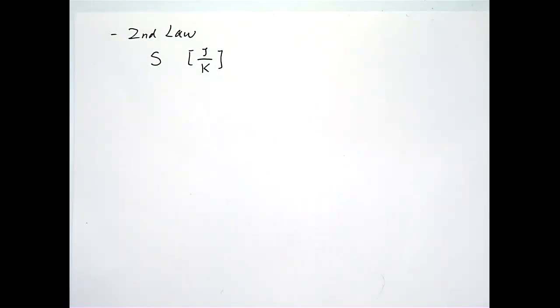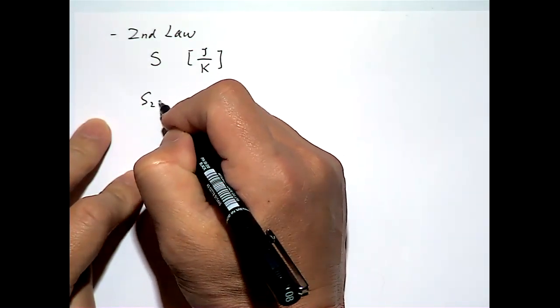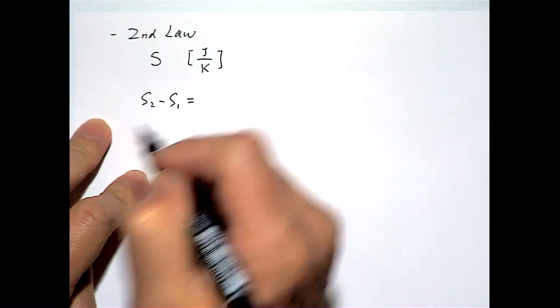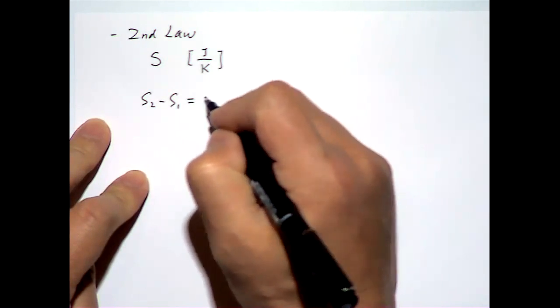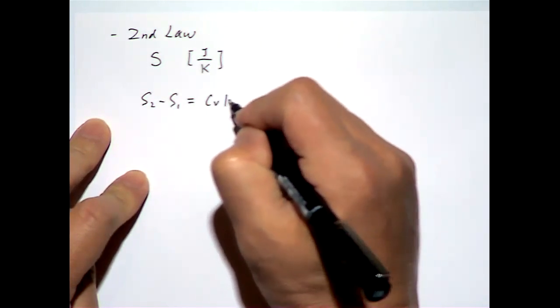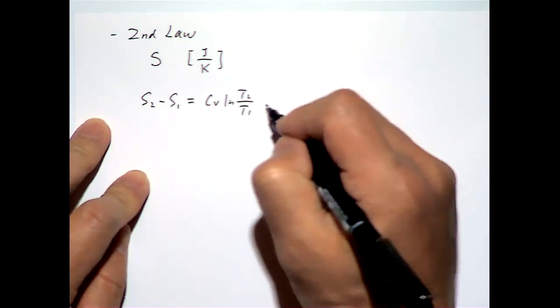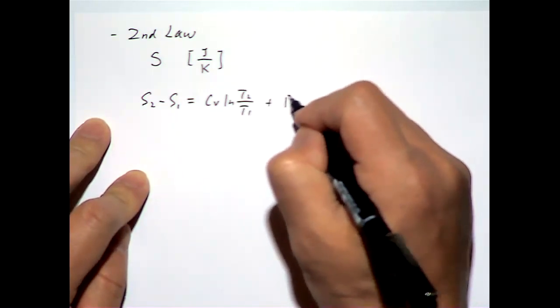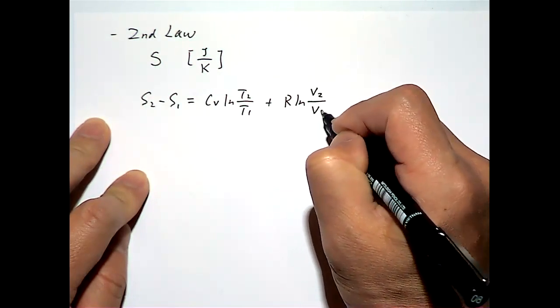We discussed the Gibbs equation. In order to determine the entropy change from one state to the other, we can write Cv log T2 over T1 plus R log V2 over V1.